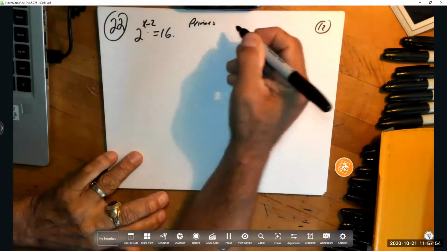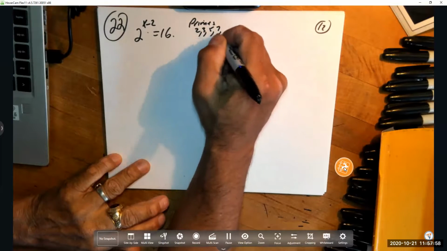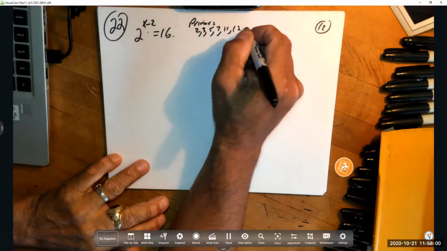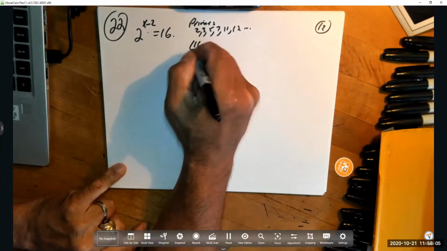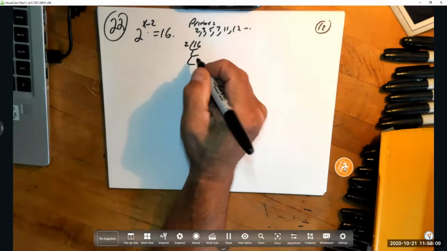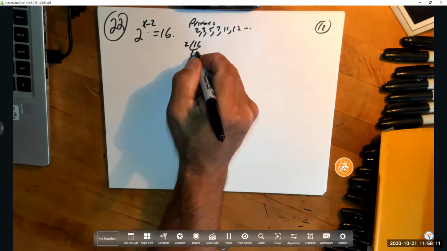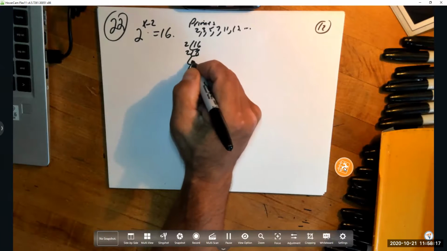This number, prime numbers. 2, 3, 5, 7, 11, 13, a bunch of numbers. So 16. How many times does 2 divide 16? You tell me. 8. And does 2 divide 8? Give me a number. 4.